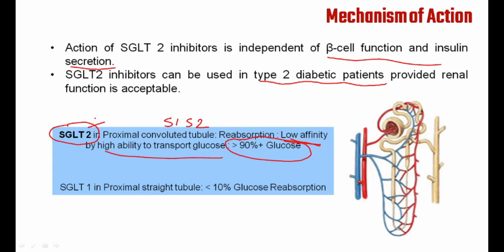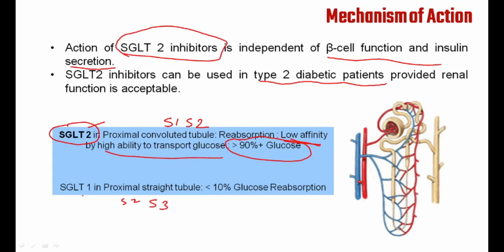Therefore, this is the major target of SGLT2 inhibitors. SGLT1 is present in the proximal straight tubule, mainly in S3, but in some cases also in S2, and it is responsible for less than 10% of glucose reabsorption.